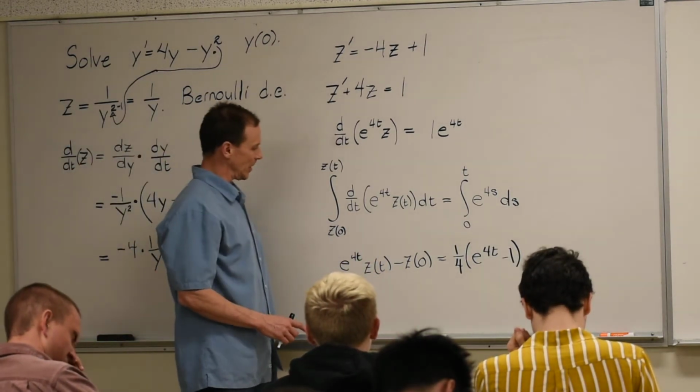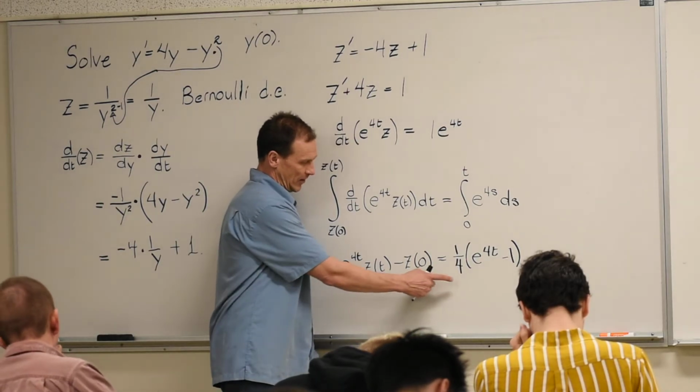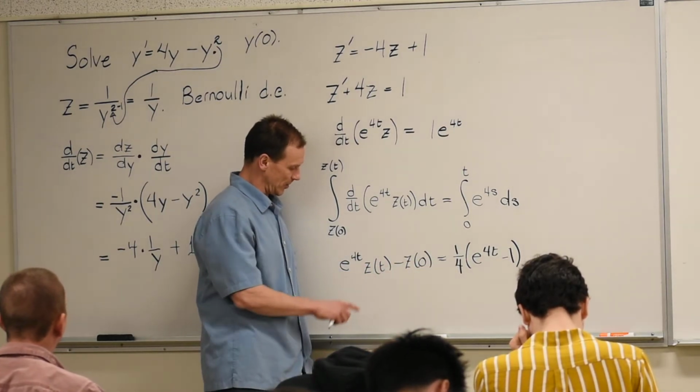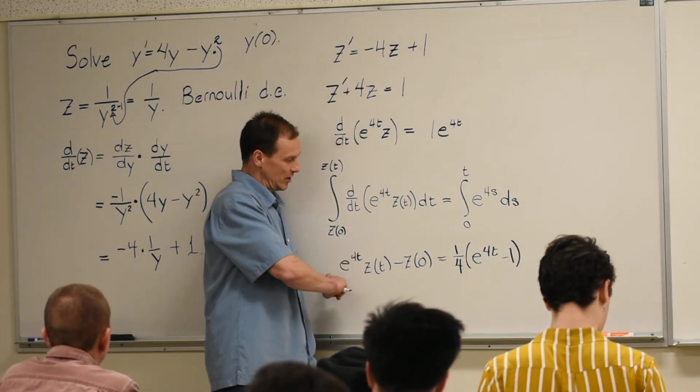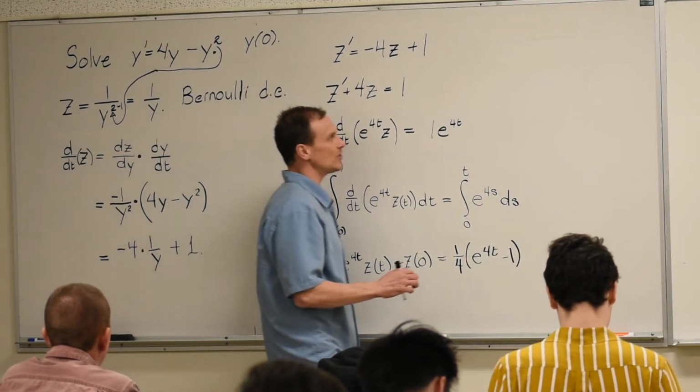Let's do this in 2 steps here. Let's add z of 0, and then we have to distribute an e to the minus 4t through the entire equation. So let's do that.